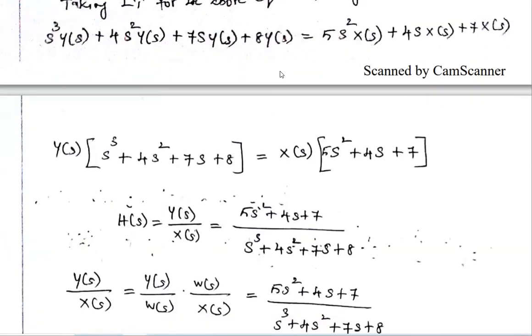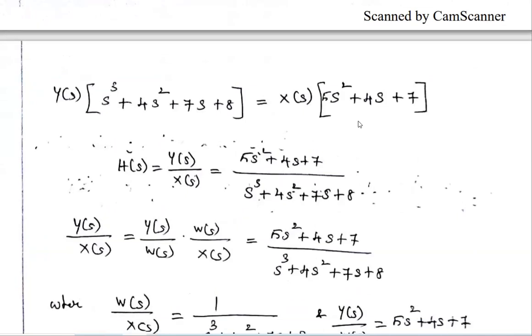After that, in the left side, all terms have Y of s in common, so we take Y of s common. The remaining terms are s cubed plus 4s squared plus 7s plus 8, which is equal to, on the right side, taking X of s common, 5s squared plus 4s plus 7.